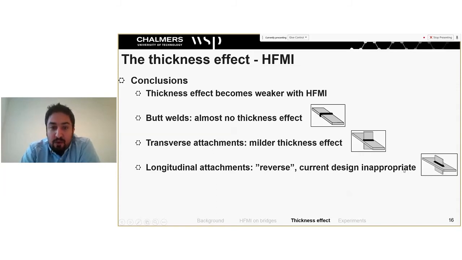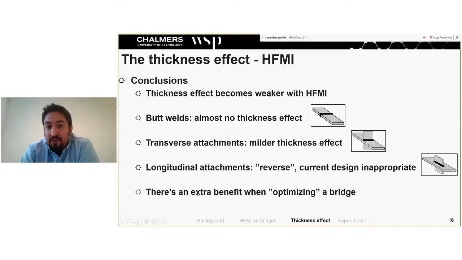So what the codes say, that we should reduce the strength, is not appropriate here. And also we can say that there's an extra benefit of optimizing a bridge with thinner plates, because HFMI treatment performs even better for thicker plates. This is one conclusion.